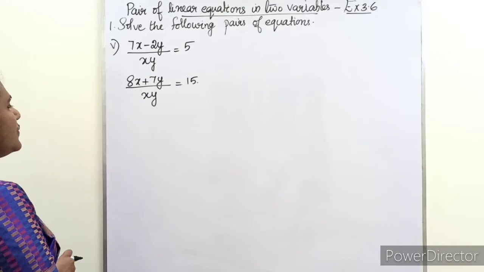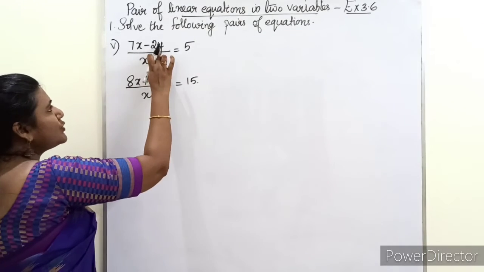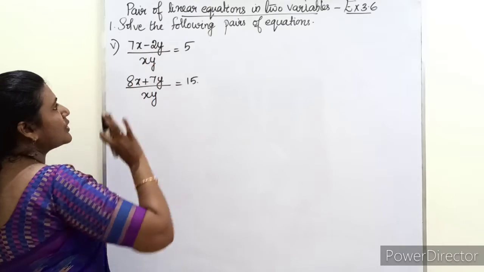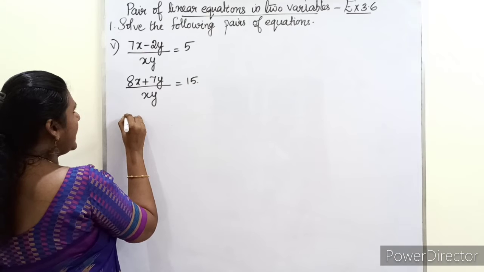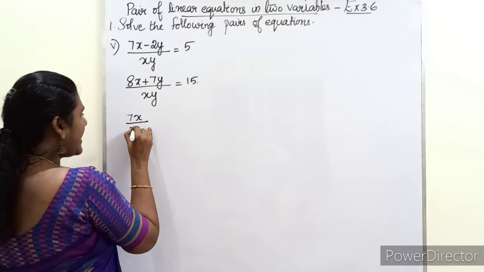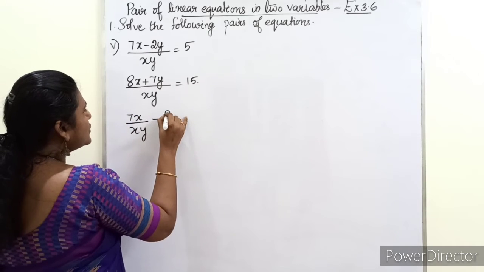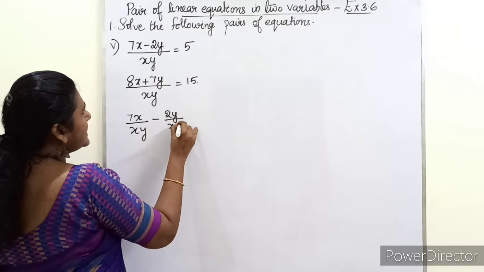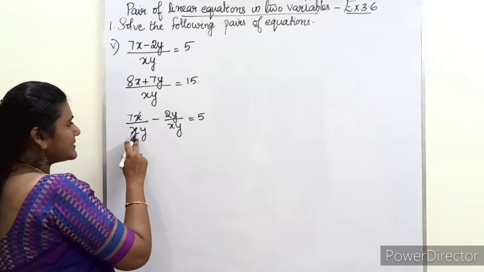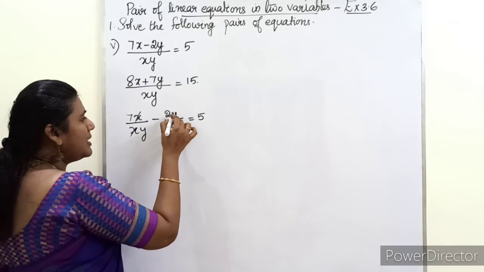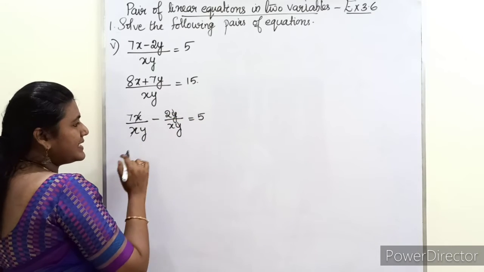So what we can do, in the numerator we have two terms, each term you can divide by xy. So the first equation we can change as 7x by xy minus 2y by xy is equal to 5. So in this first equation, x will get cancelled in the first term and y will get cancelled in the second term.